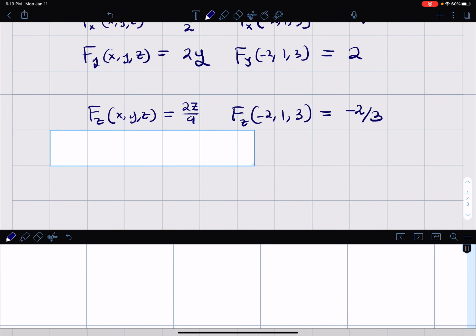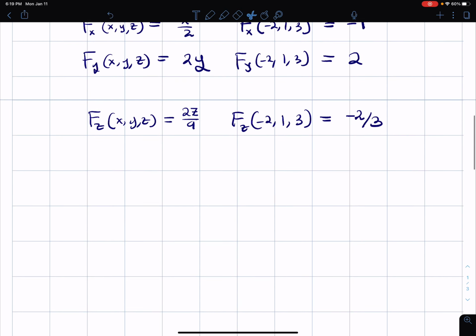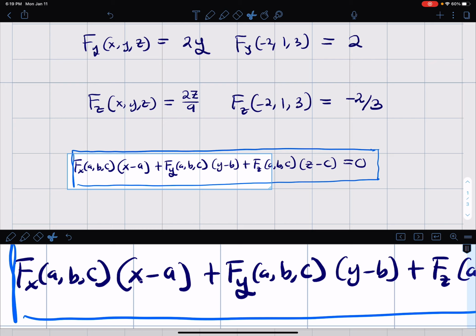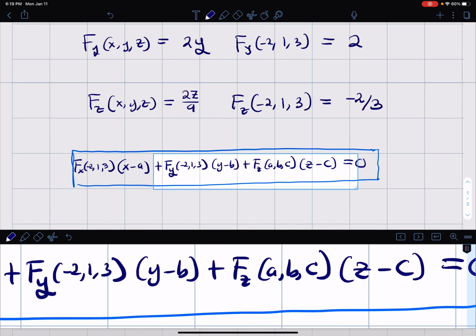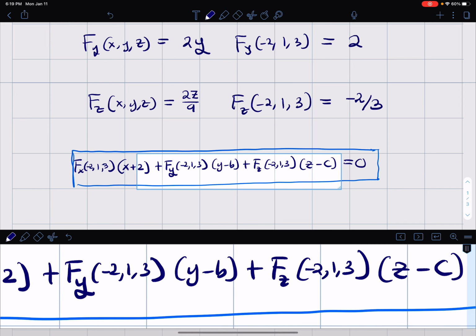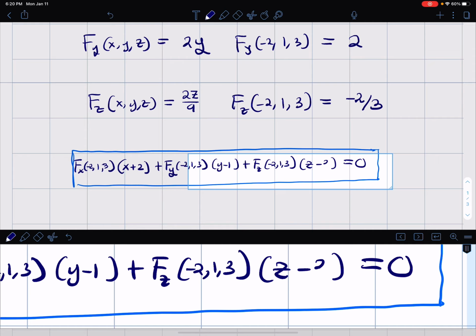So the equation of our tangent plane, if we now use this formula, we'll be dealing with the point -2, 1, -3, and this is going to be minus -2, so it's going to be plus 2, then minus 1, and then minus -3.